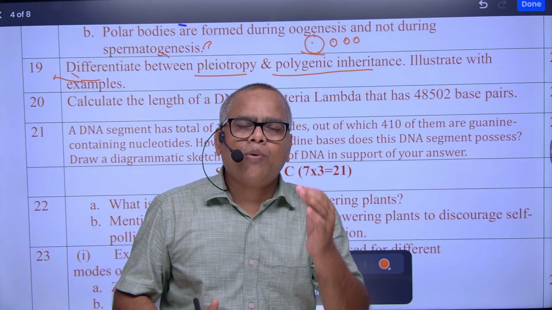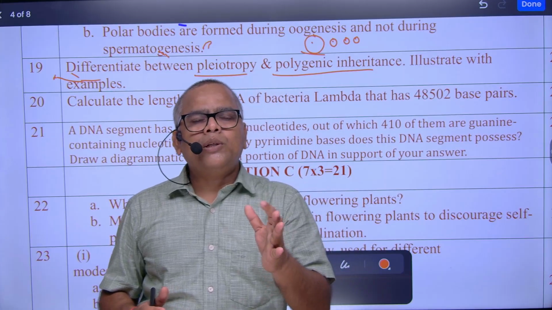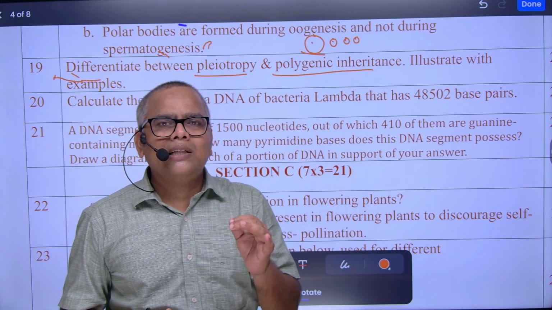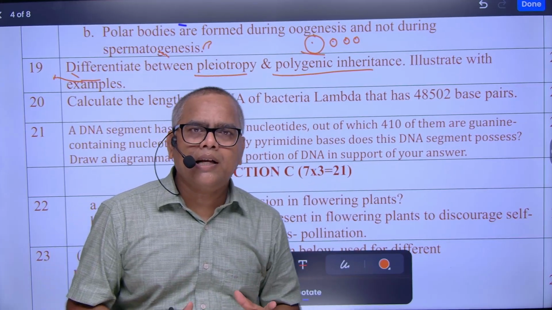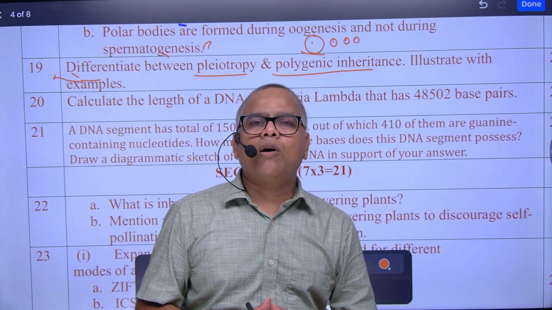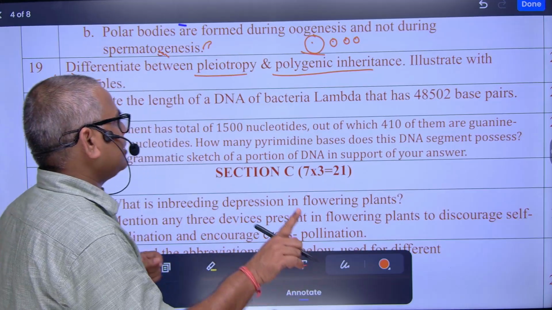So the first point of difference is that pleiotropy is an interallelic interaction, whereas polygenic inheritance is an example of intergenic interaction.